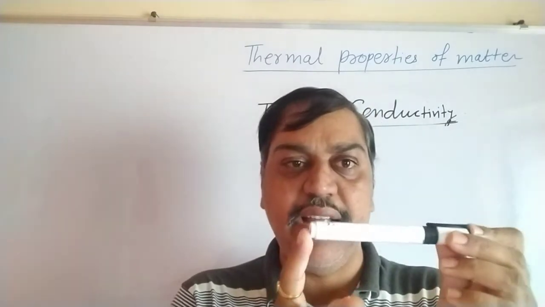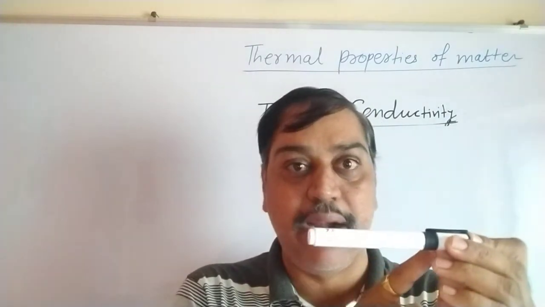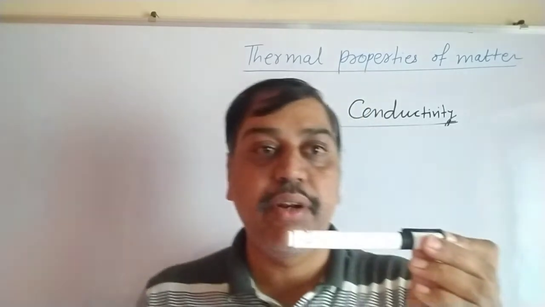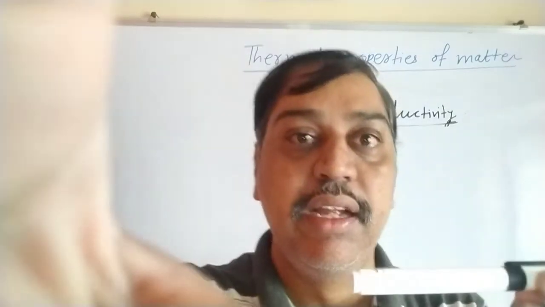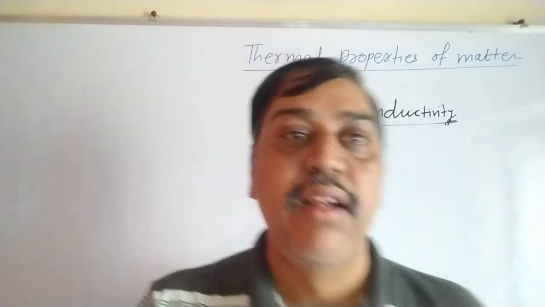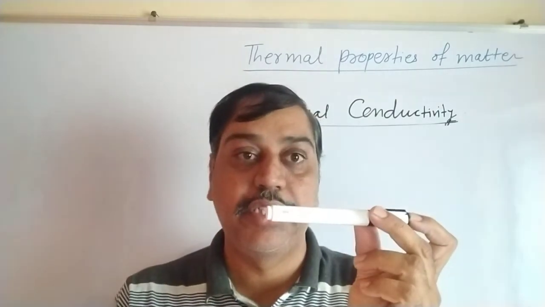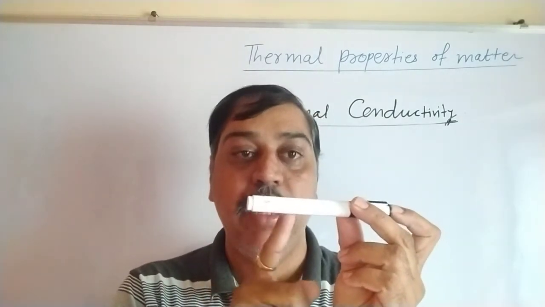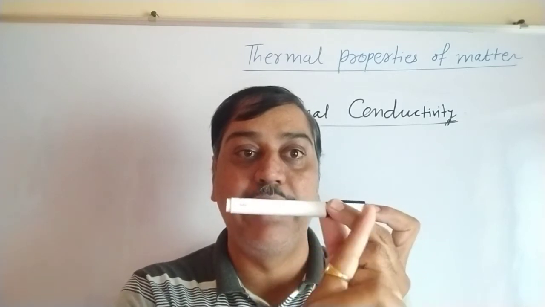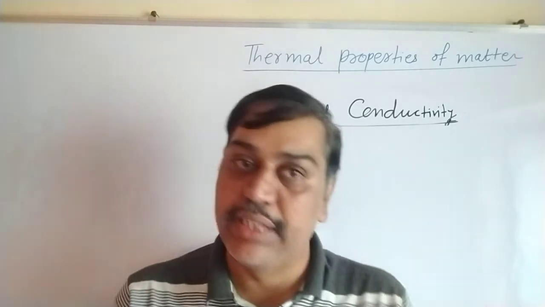When we heat this end and move along the rod, the temperature changes: here the temperature is maximum, then a little less, a little less, a little less. In this fashion there is a change in temperature.